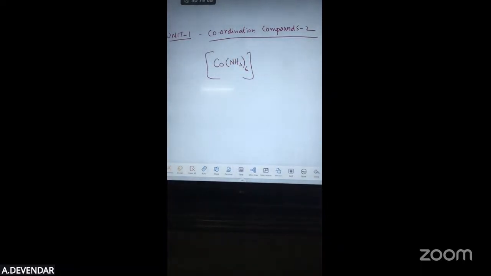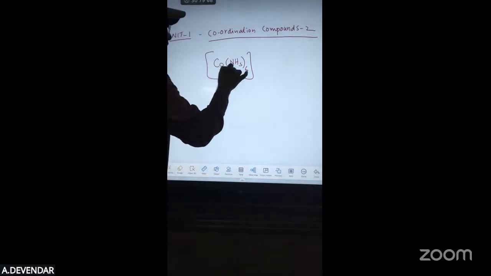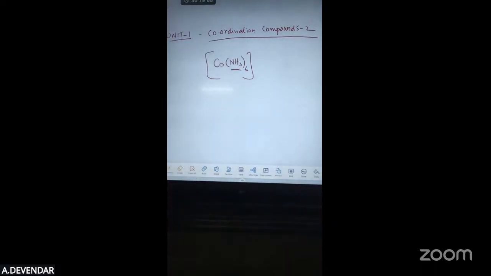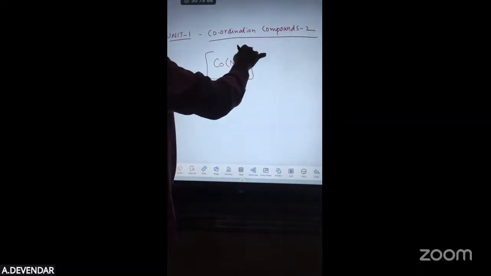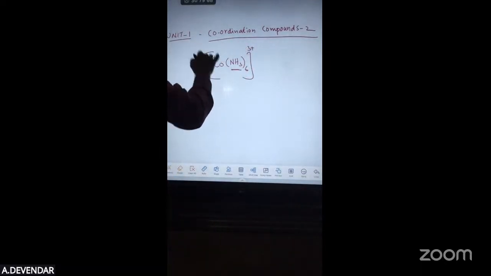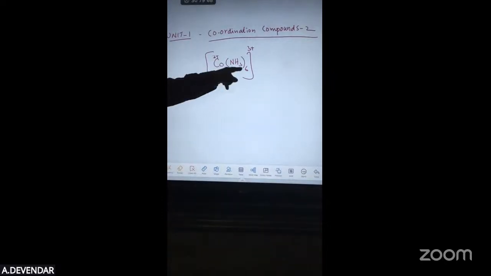This is the complex compound. This is called a neutral ligand. Here the coordination number is present, which is the number of ligands surrounding the central atom. Six ligands are surrounded with this central atom, so the coordination number is 6. It is an octahedral structure.